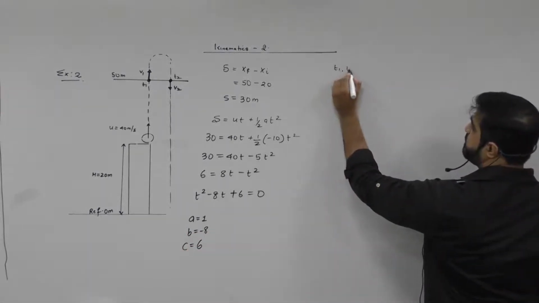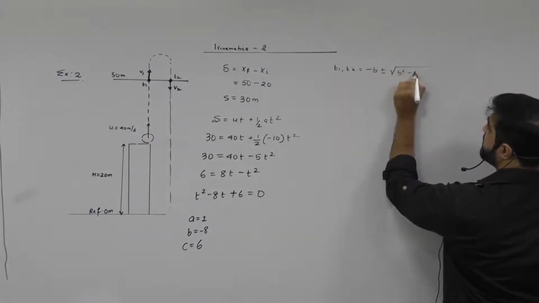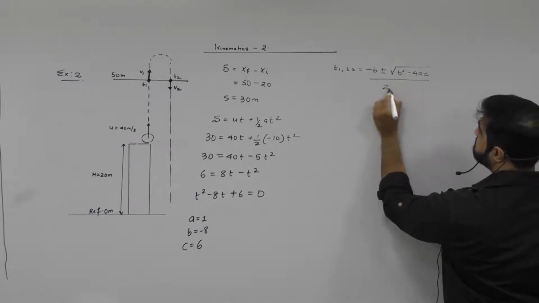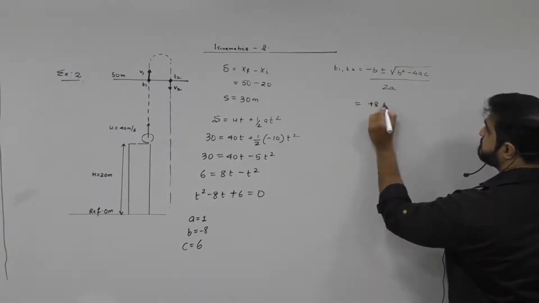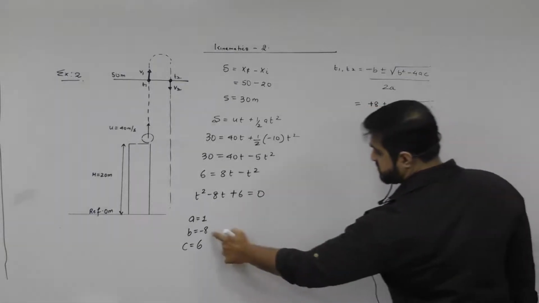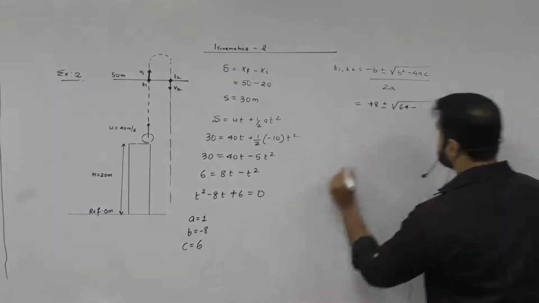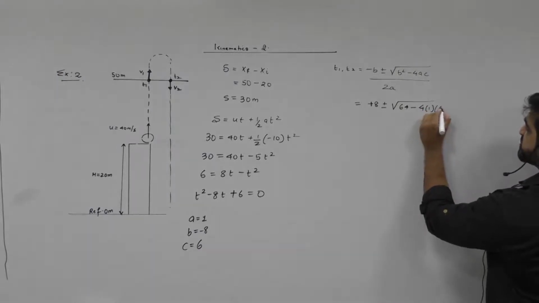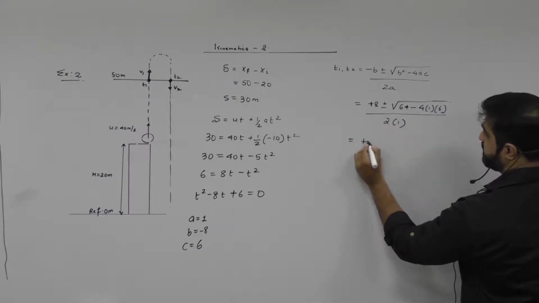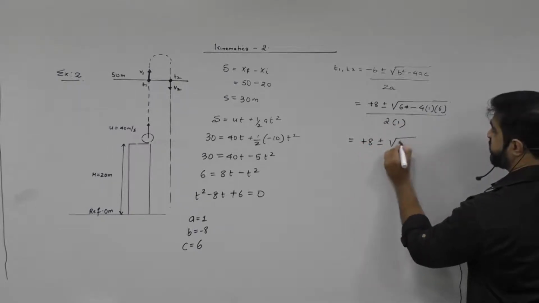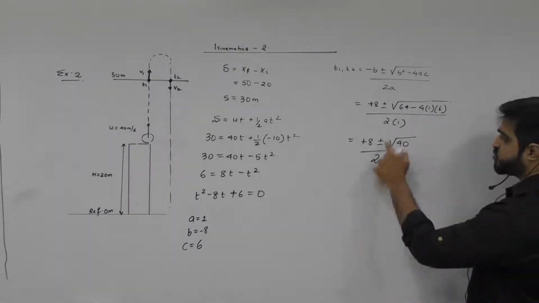So t1 and t2 will be solved by minus b plus minus root of b square minus 4ac, by 2a. Minus of minus 8 will become plus 8, plus minus root of b square, 64, minus 4ac, so 4 into 1 into 6, by 2a. Plus 8 plus minus root of 40 by 2. Root of 40 is 2 root 10.